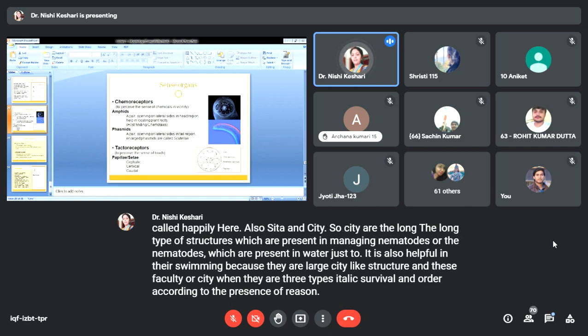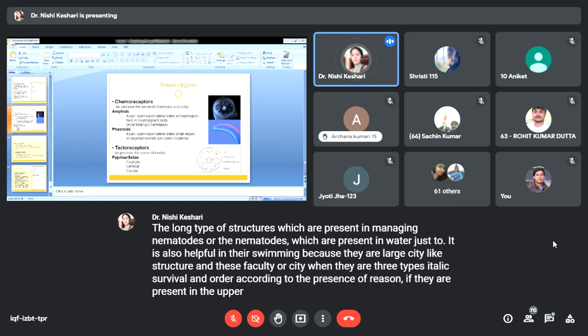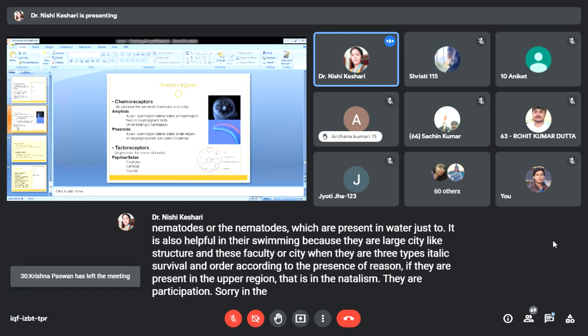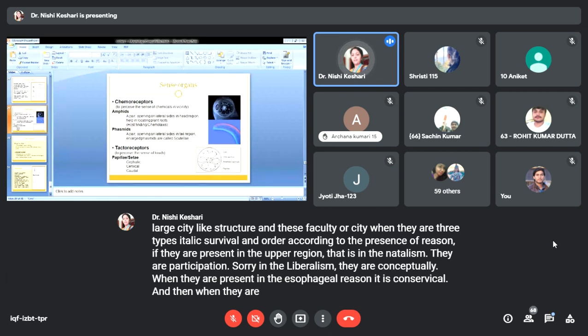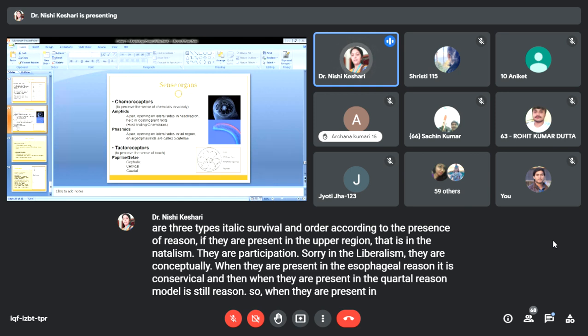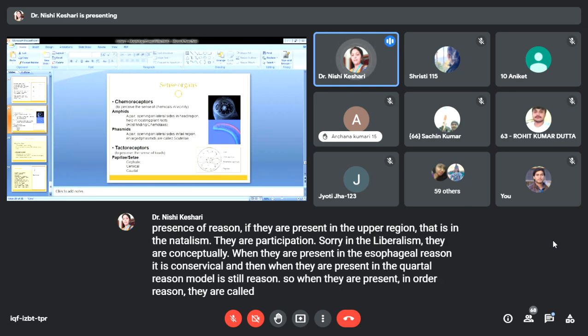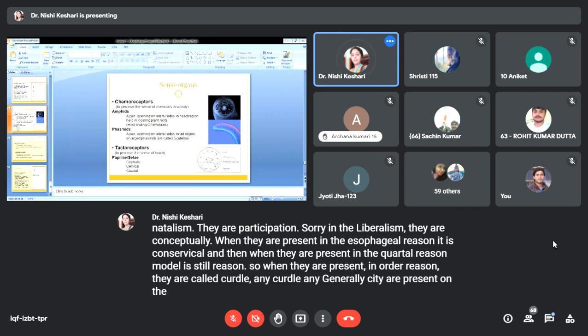If they are present in the lip region, they are called cephalic. When they are present in the esophageal region, they are called cervical. And when they are present in the caudal region, caudal means tail region, they are called caudal. Generally, setae are present on the cephalic region just to help in swimming.